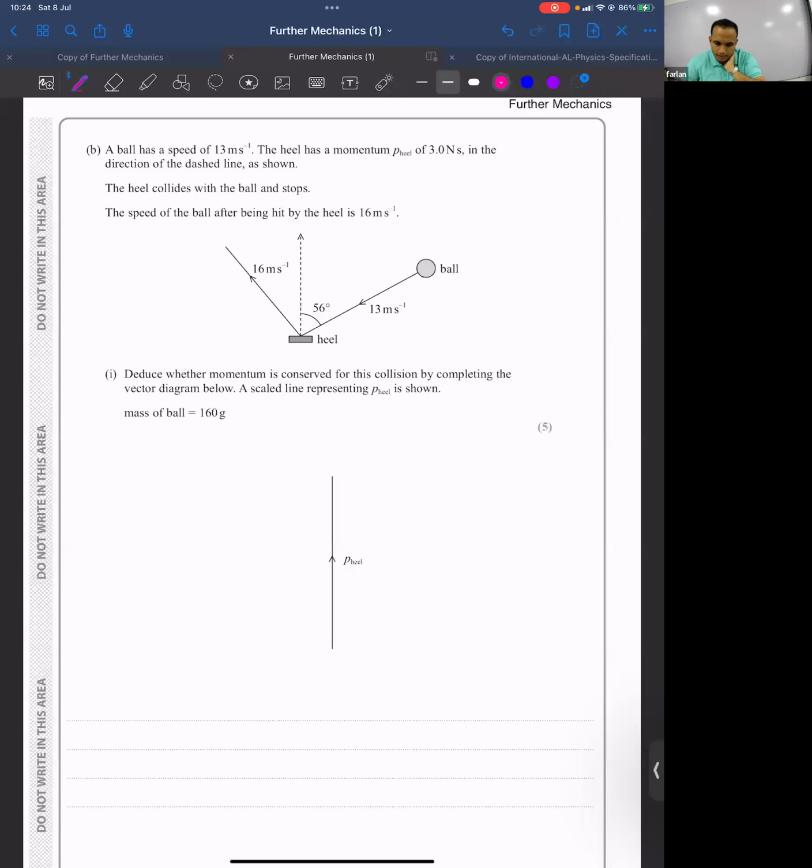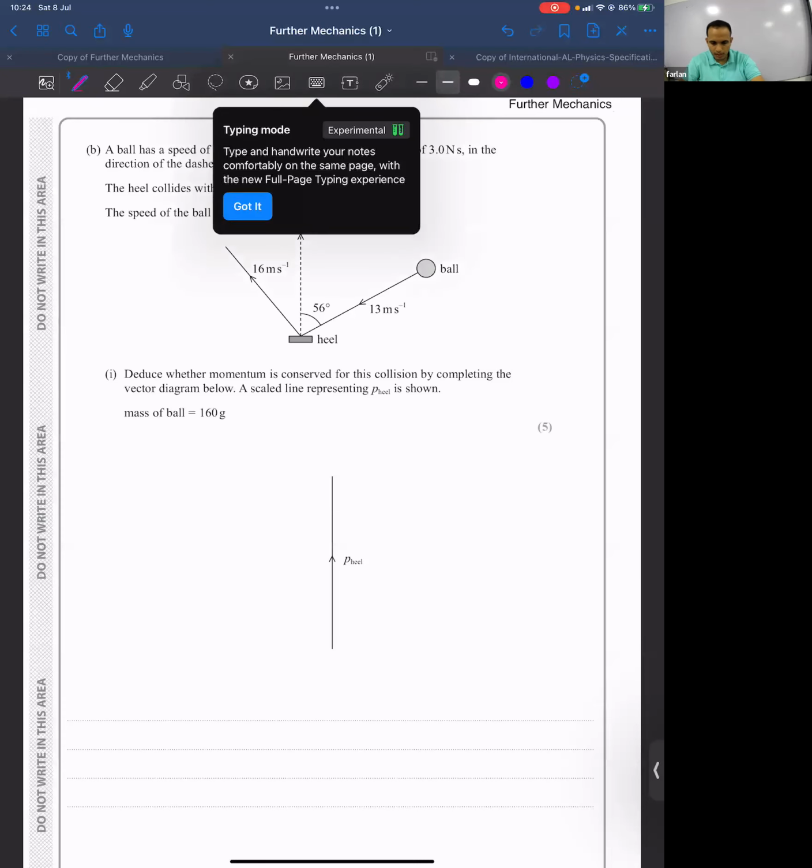The heel collides with the ball and stops. The speed of the ball after being hit by the heel is 60 meters per second. Deduce whether the momentum is conserved for this collision by completing the vector diagram. A scaled line representing the P heel is shown. The mass of the ball is given as 160 grams.